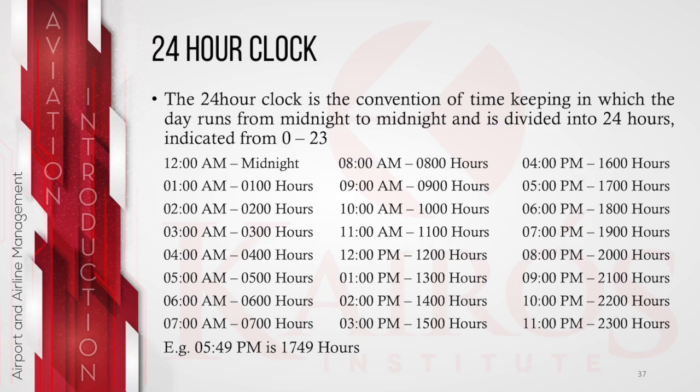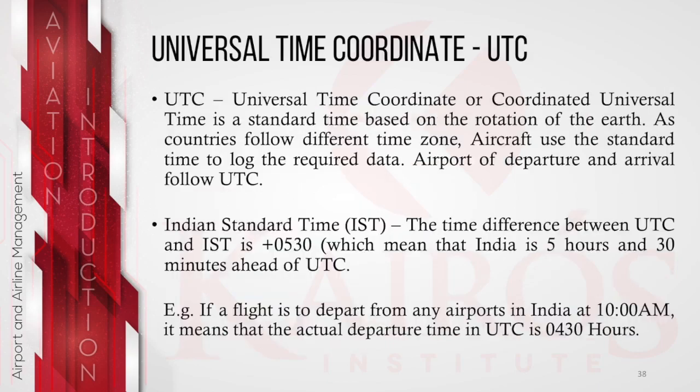And for 11 p.m., we use 2300 hours. For example, if the time is 5:49 p.m. in the 24-hour format, we call it 1749 hours.